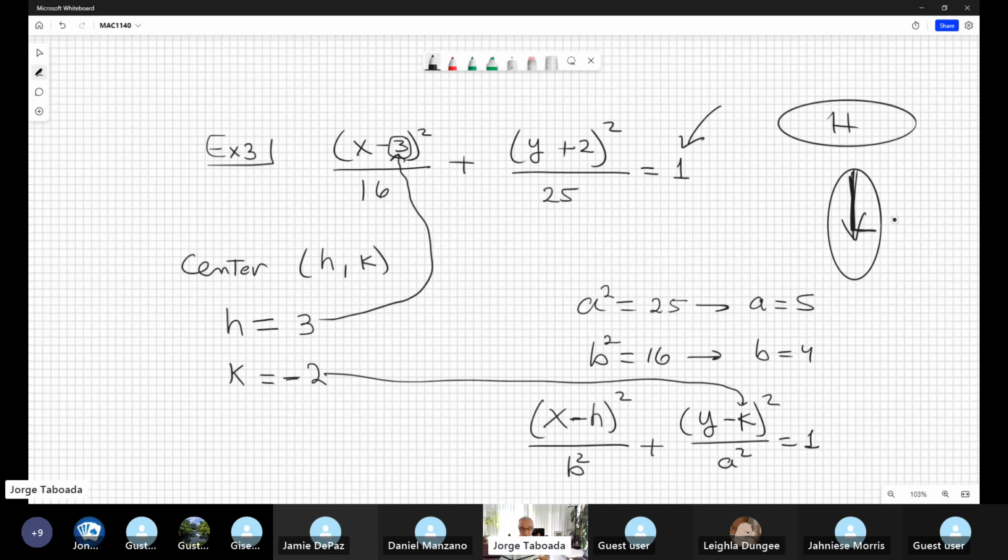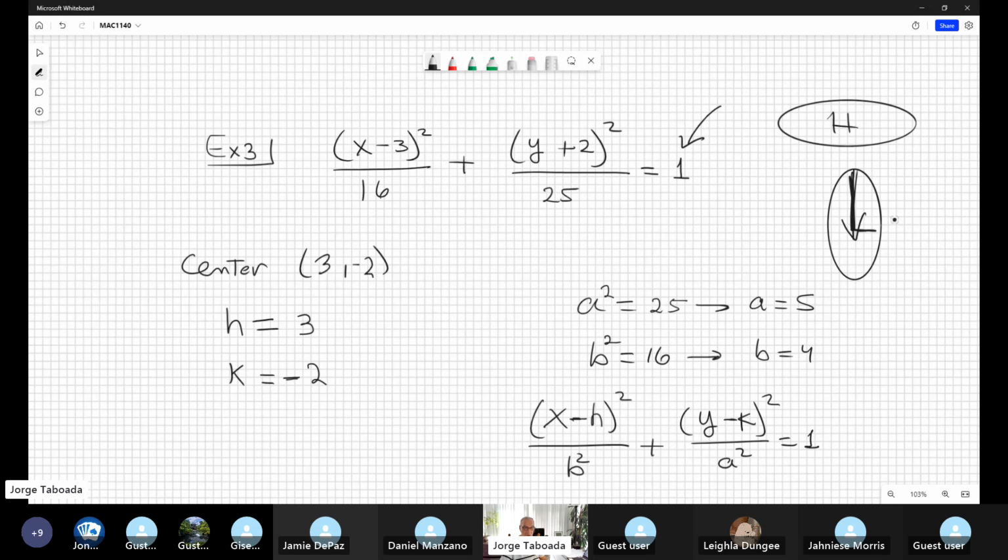The negative of the value and the negative of the formula together are positive. That's the shortcut to memorize this automatically. Easy. It's the completely opposite sign. When you see a negative number, the point is positive. So the center of this ellipse is located at the point (3, minus 2).